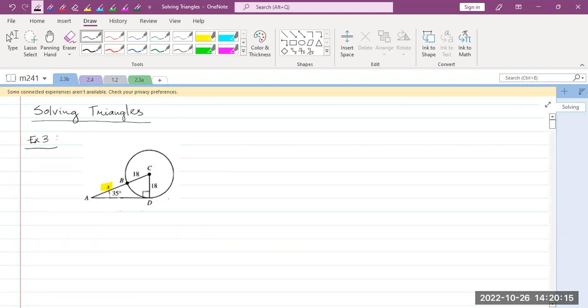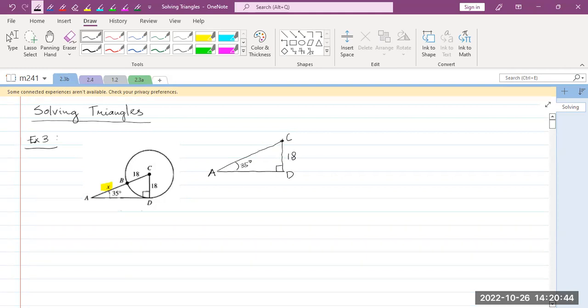So in this case, I'll draw the right triangle first. We have a 35 degrees angle, this is angle A. This is the right angle at D, and the vertex C is the center of the circle. Notice that the radius of the circle is 18.